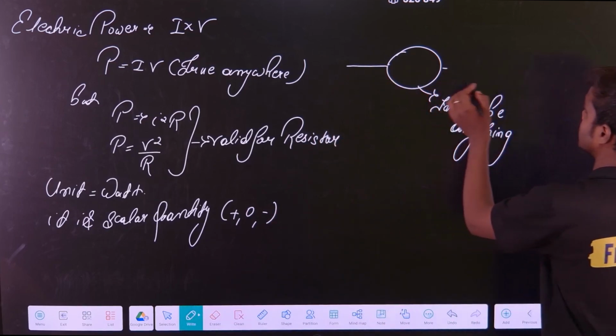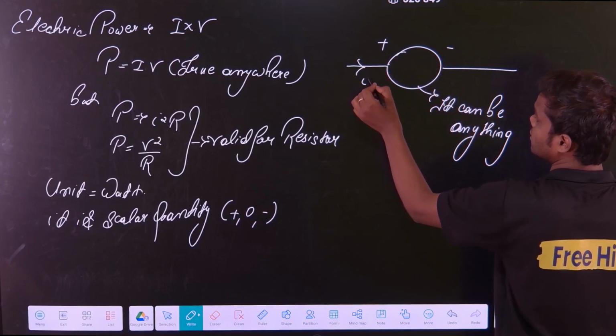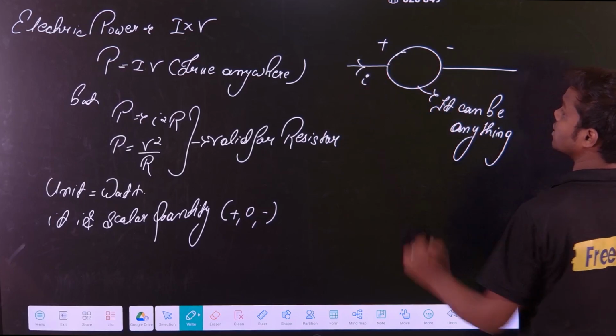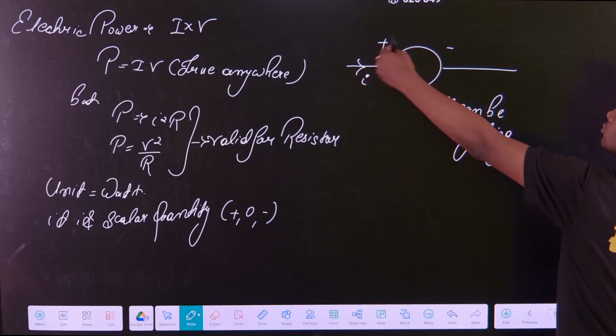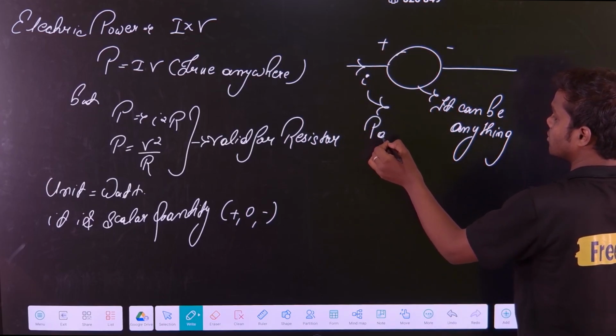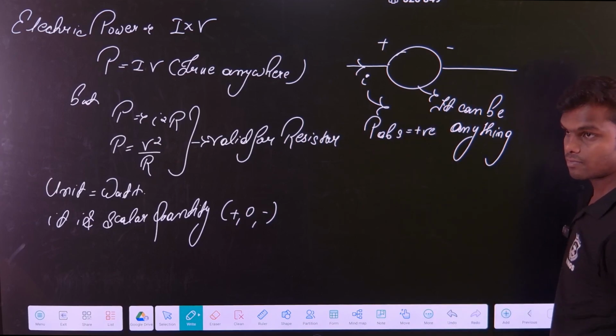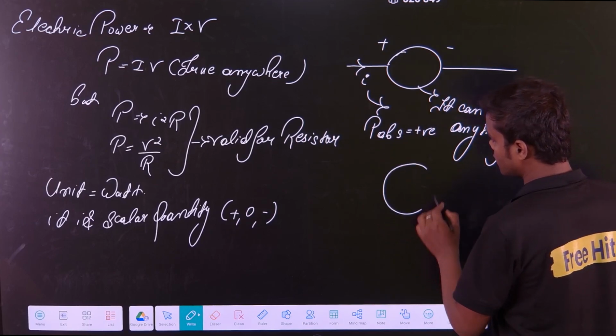Suppose this is plus, this is minus, and current is going like this. If current is entering the positive terminal, here the power will be absorbed, and that is positive. Clear?